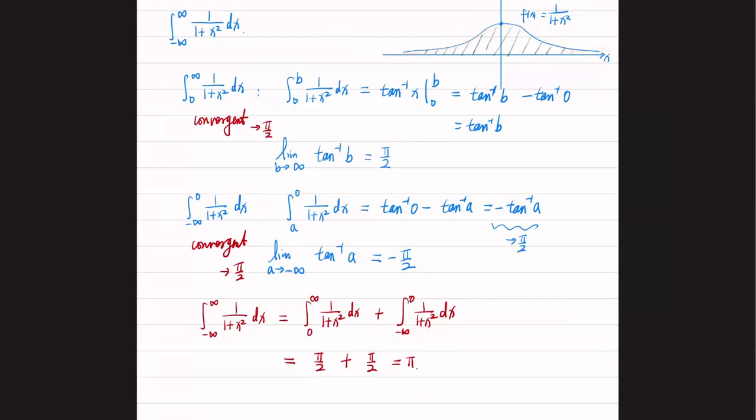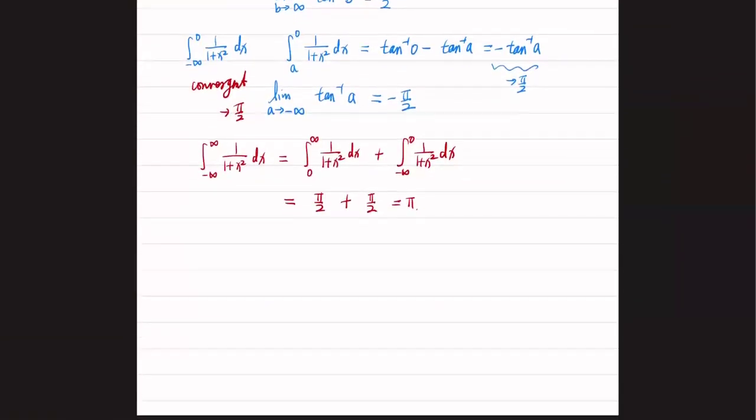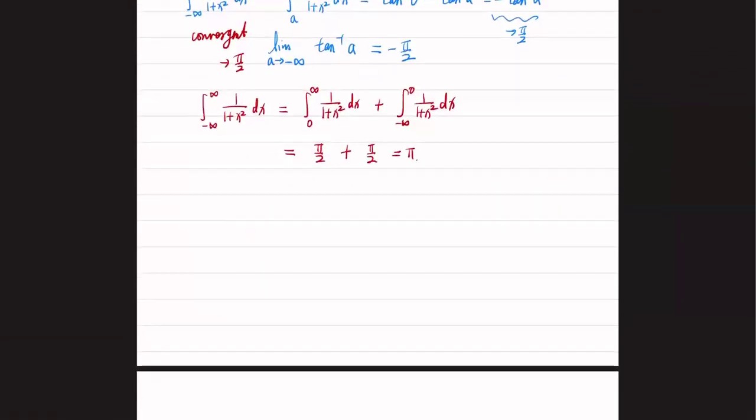So this is for the unbounded domain. In the same way, you can define it if it has a singularity. For example, we may have the following function. This integral is defined as the limit.